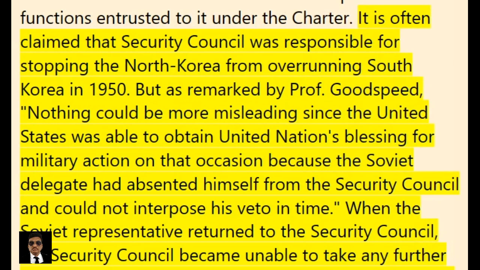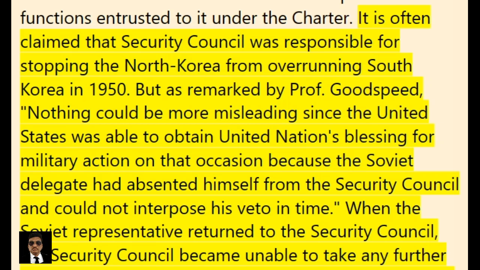But as remarked by Professor Goodspeed, nothing could be more misleading, since the United States was able to obtain United Nations blessing for military action on that occasion because the Soviet delegate had absented himself from the Security Council and could not interpose his veto in time. When the Soviet representative returned to the Security Council, the Security Council became unable to take any further action in Korea.